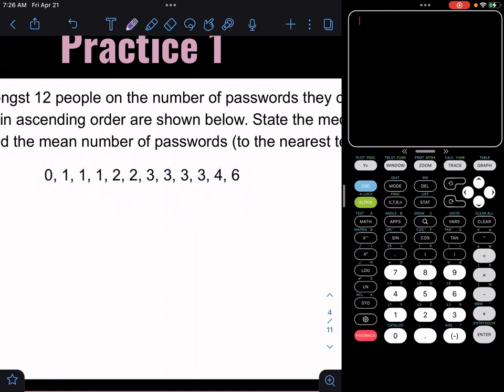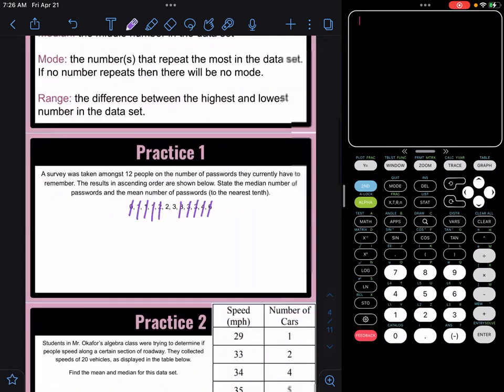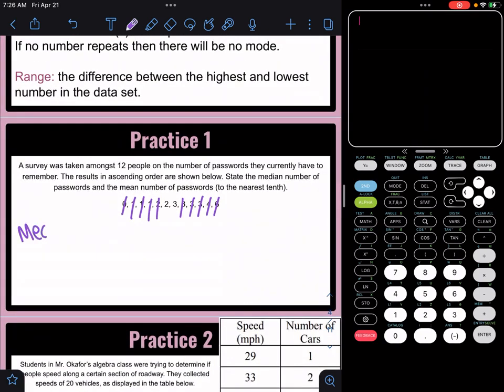Let me just see this one more time. I want to make sure I don't make a mistake. Okay, we have this 2 and 3, and the number in between 2 and 3 is 2.5. So our median is 2.5.